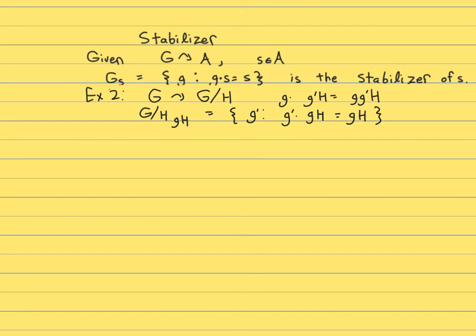Well, this one's a bit more interesting because let's try to think carefully what it looks like. Well, we have all g' such that g'gH is equal to gH. By definition of cosets, the only way these two are the same coset is if g inverse g' g is in H.